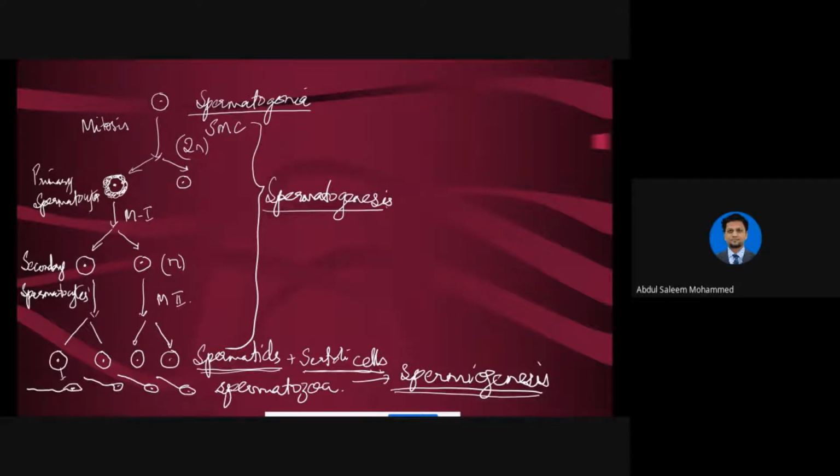Okay, now once the spermatozoa are formed, these spermatozoa will be released from the seminiferous tubules into the rete testis. So I'll write down here seminiferous tubules, in short STs. The spermatozoa are formed in the seminiferous tubules and they will be released into the rete testis, and the process by which the spermatozoa are released into the rete testis is called spermiation.